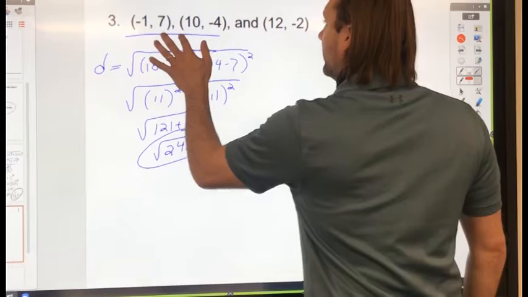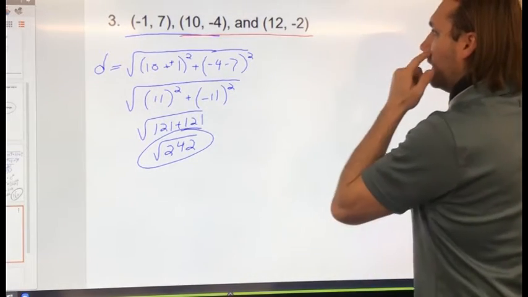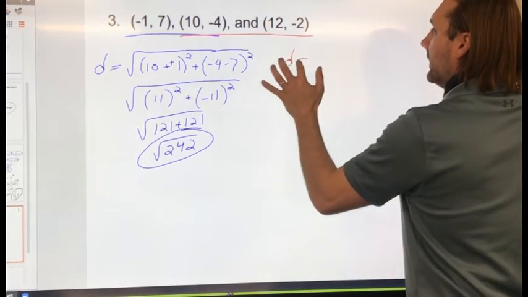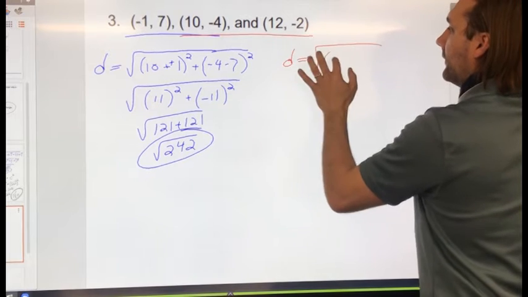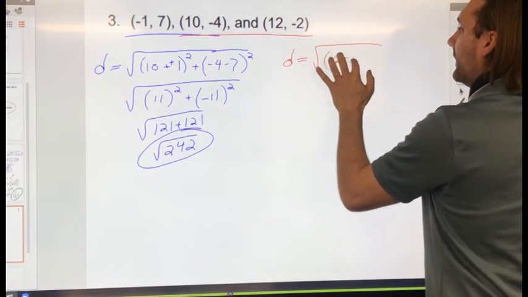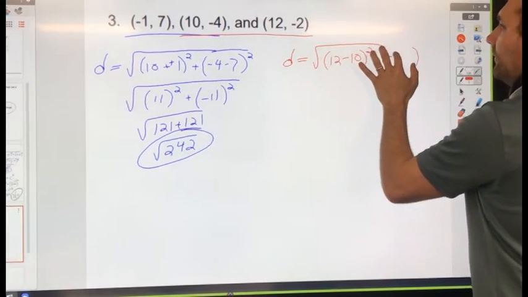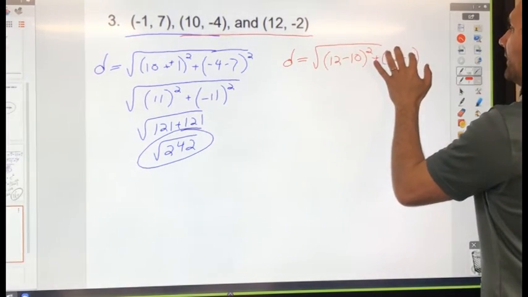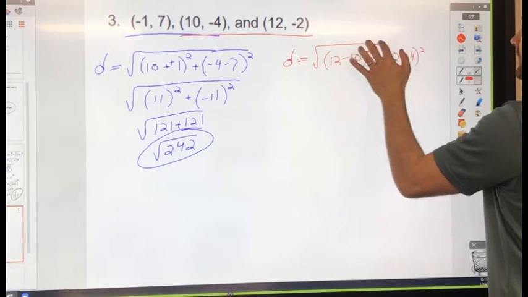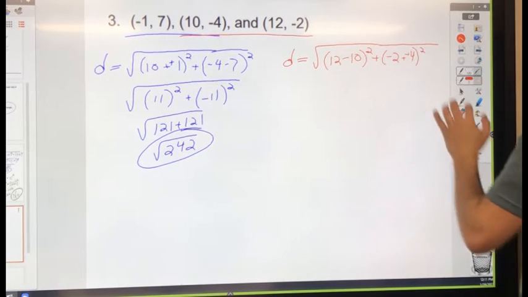Let's look at another side. So (10, -4) and (12, -2). d equals the square root of the x difference, so 12 minus 10 squared, plus my y difference, negative 2 minus a negative 4 squared. Again, make sure you change that to a plus.